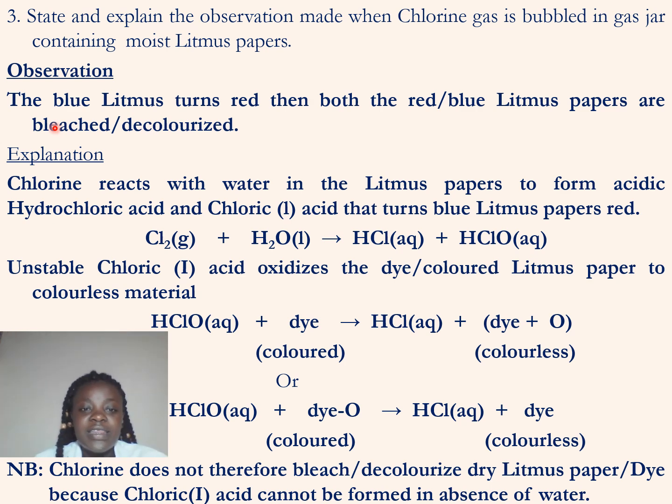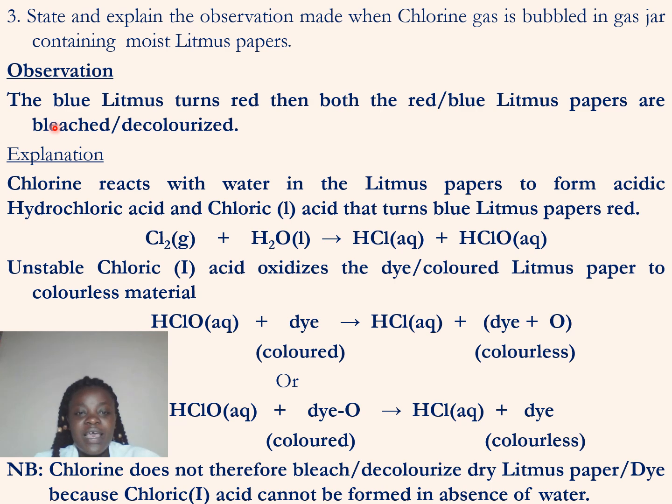So it will turn the litmus papers to red. The blue litmus paper will change to red, while the red litmus paper will remain red. Okay, that is the property of acid, the litmus papers in an acidic solution. So the blue one will turn to red, while the red will remain red.